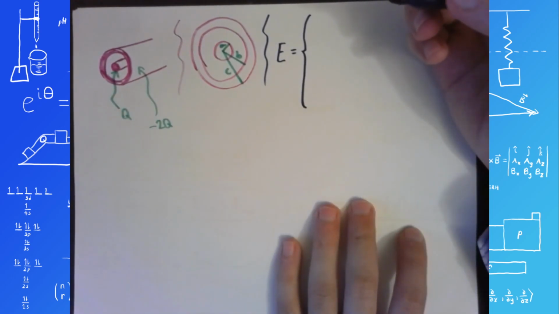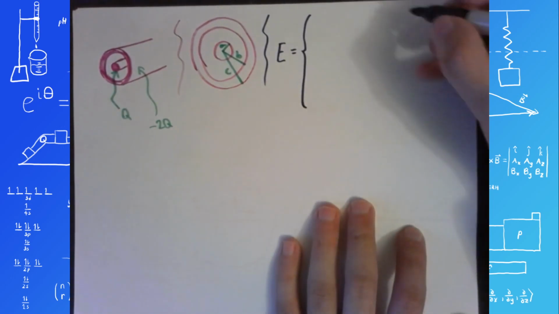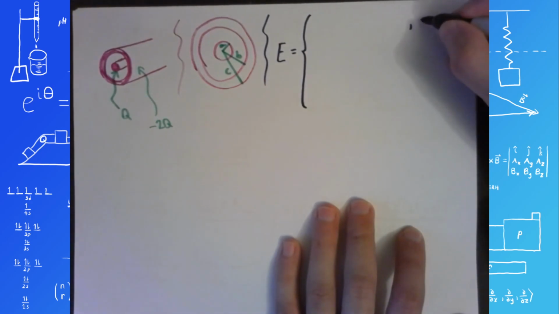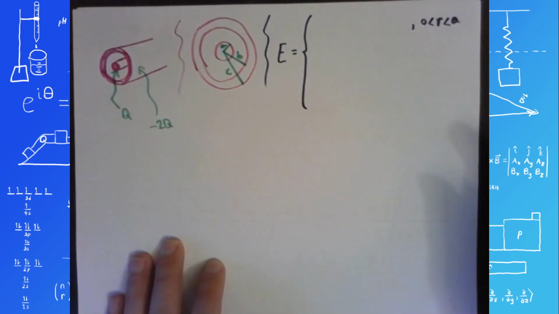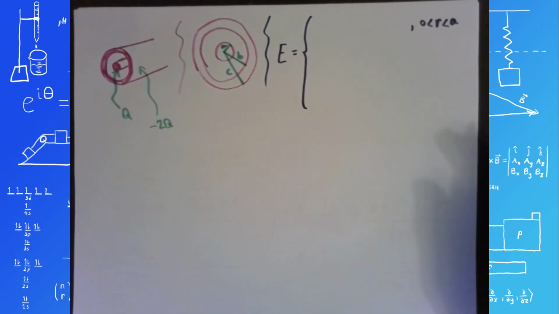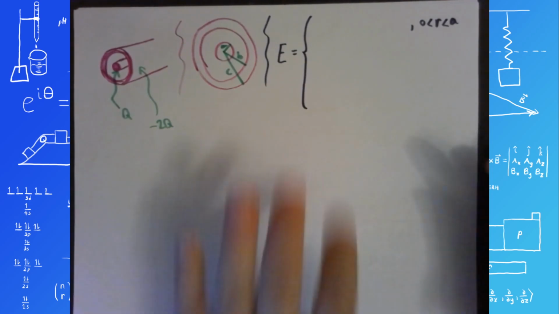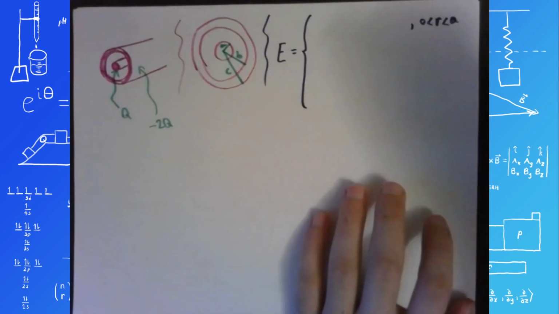Let's see. Regions of interest would include from 0 until A, assuming, of course, that we're using Gaussian cylinders that share an axis with our actual cylinders.